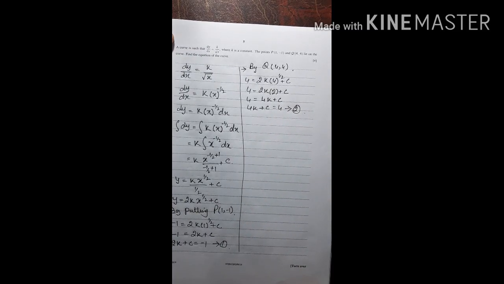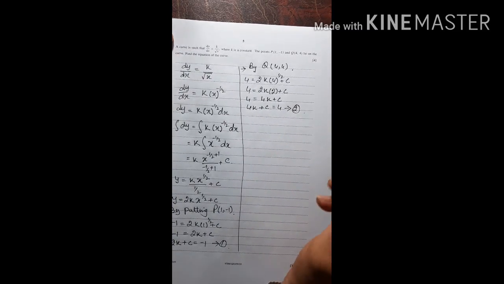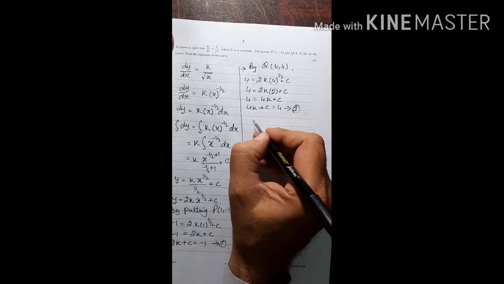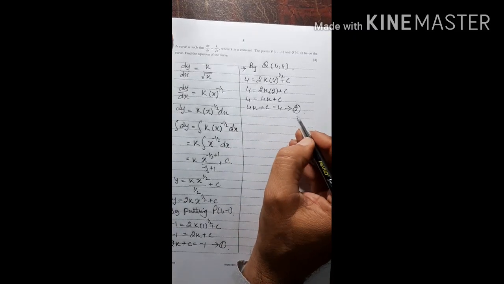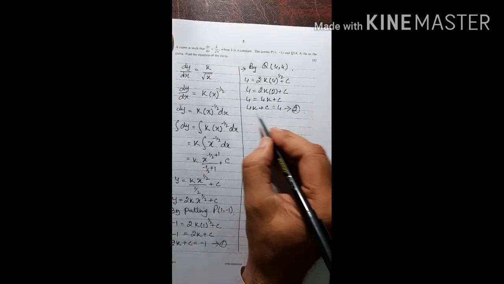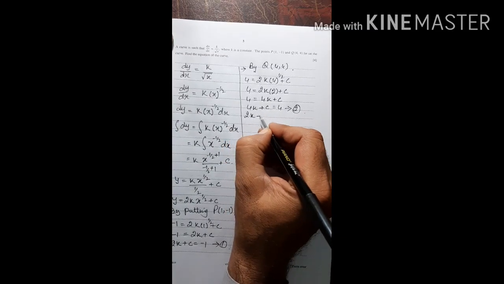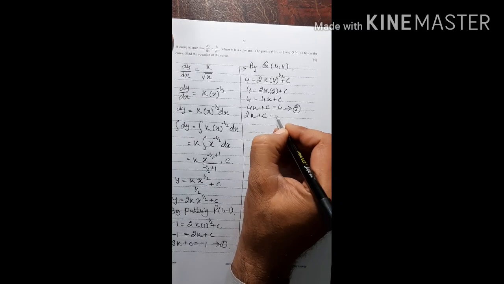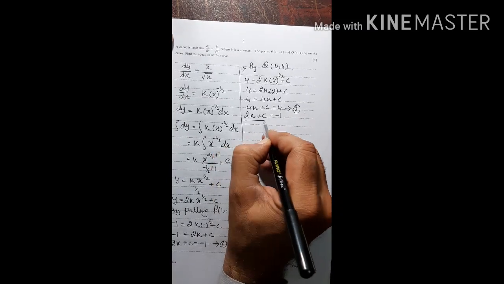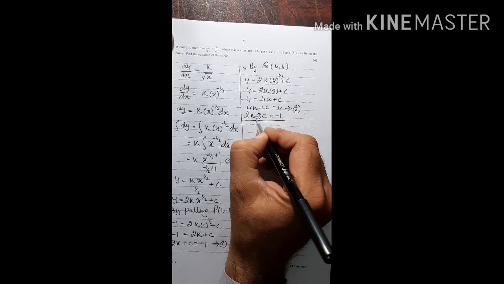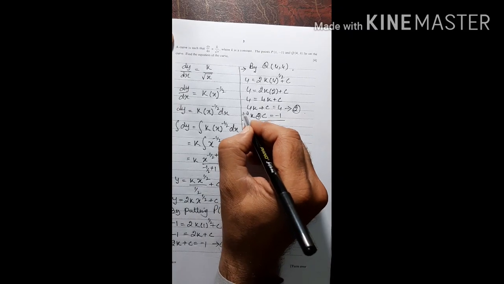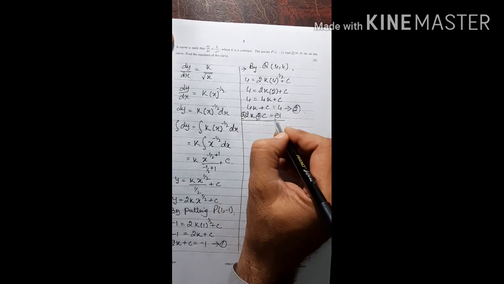So I got two equations. I'll solve them simultaneously. So I'm going to write the first equation at the bottom of this equation. It will become 2k plus c is equal to minus 1. So I'll change the signs because I'm going to subtract them.